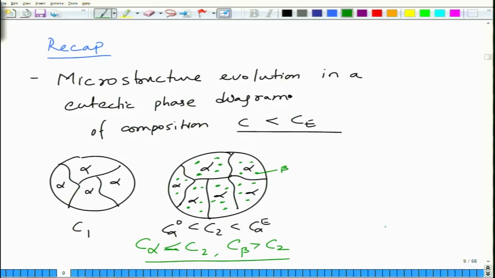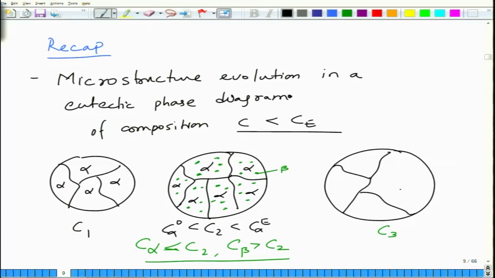And then we looked at composition C3, in which you have alpha phase. Sorry, let me draw it differently.